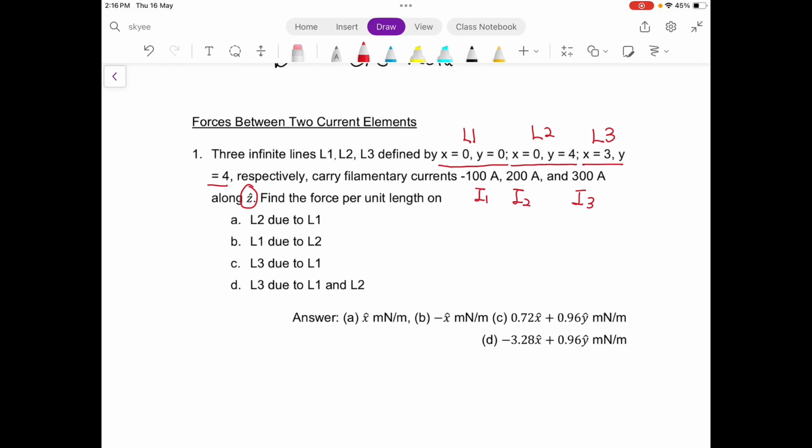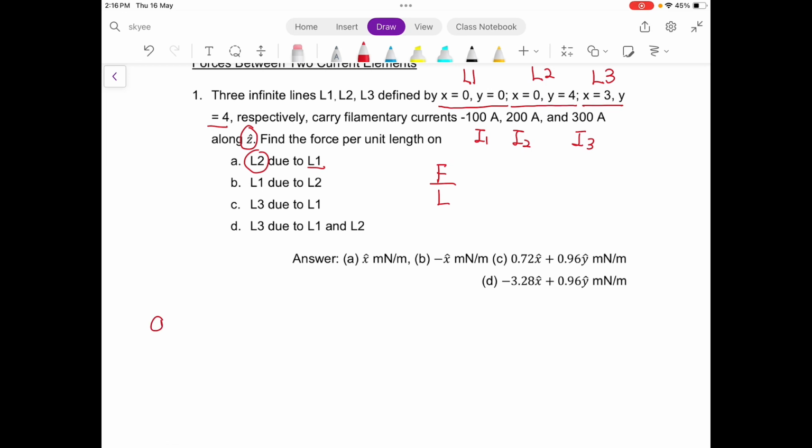Find the force per unit length. You are required to find the force per unit length on L2 due to L1, and so on. We look at question A: L2 due to L1, meaning you want to find the force acting on L2 because of L1.